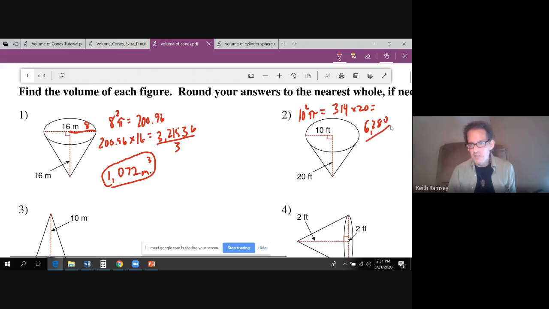And then I want to divide that by 3 to get my volume, which is 2,093.3. So we'll just leave it at 2,093. 2,093 cubic feet is my volume for number 2.